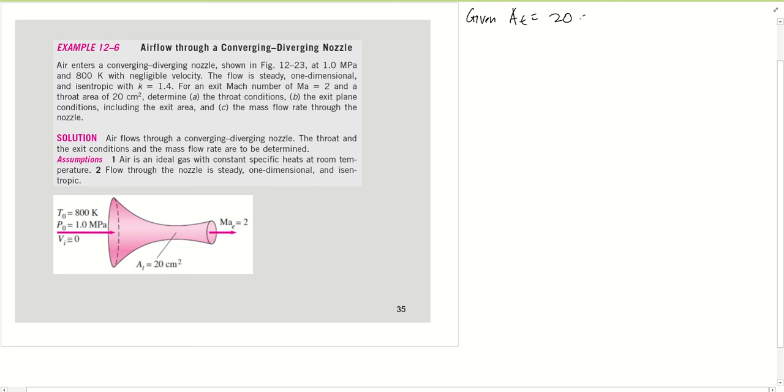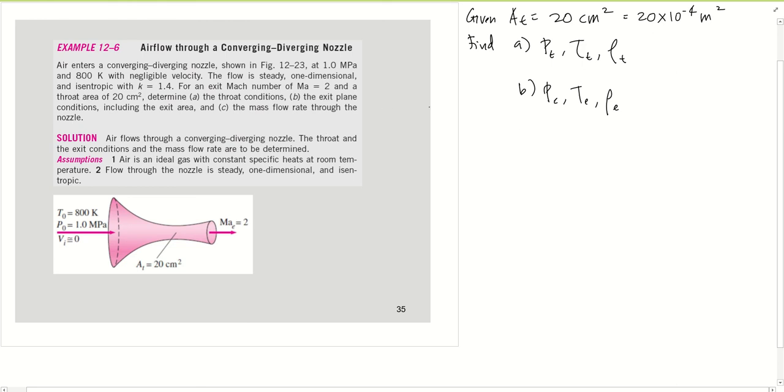20 square centimeters. Determine the throat conditions: the pressure P throat, temperature T throat, and density rho throat. Then determine the exit plane conditions: P exit, T exit, rho exit.